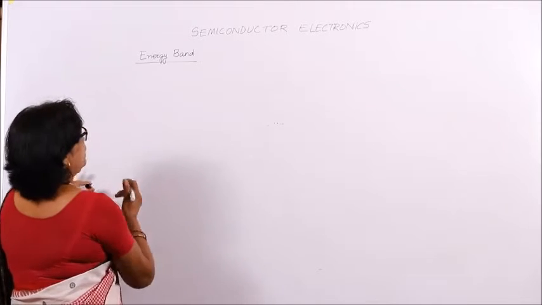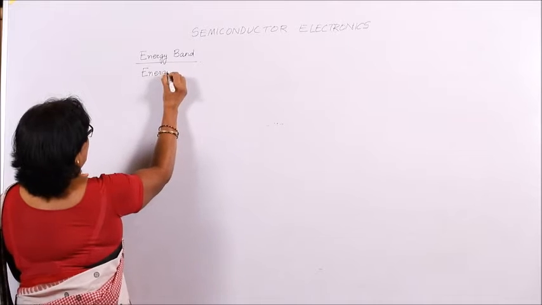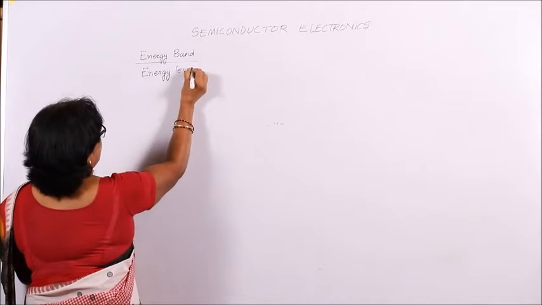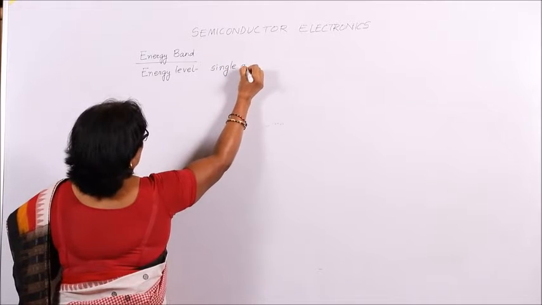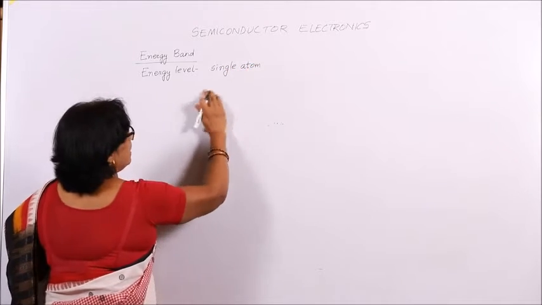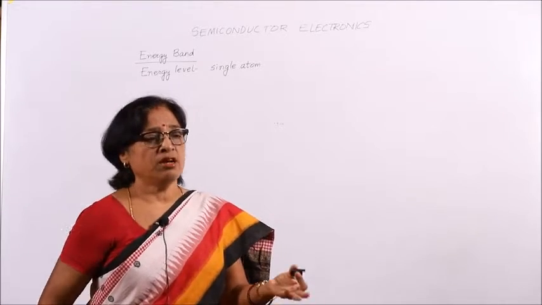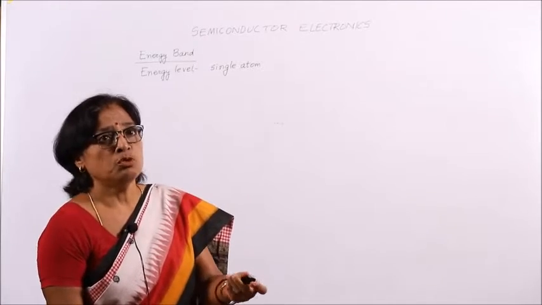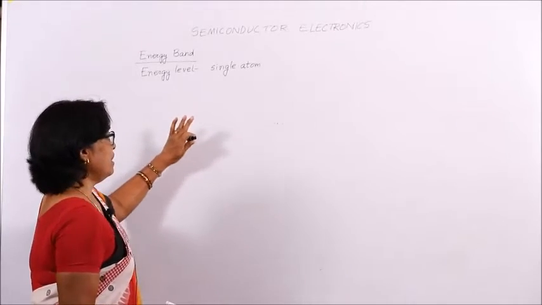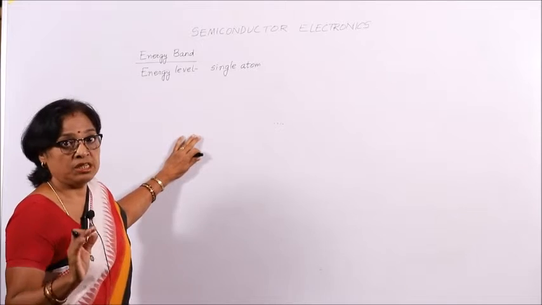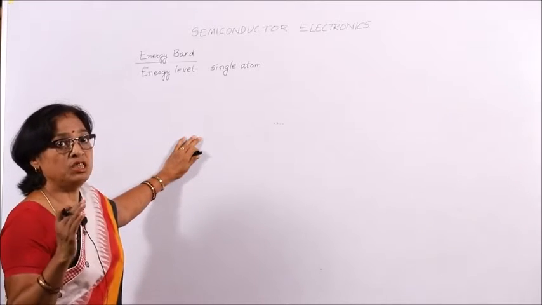Now, before going to energy band, all of you are aware of energy level. When you have a single atom with some electrons in it, let's say hydrogen has 1 electron, so you put 1s1. Every electron in an atom has been given a permitted energy level.